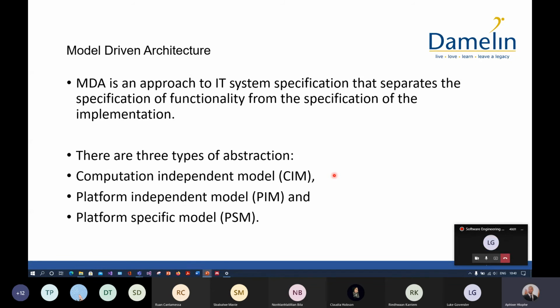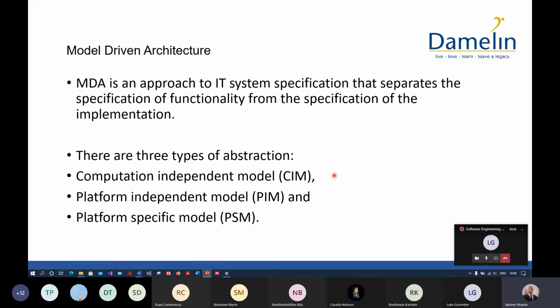The next concept that we're going to talk about is model-driven architecture. So what is model-driven architecture? Model-driven architecture is an approach to IT system specification that separates the specification of the actual functionality from the specification of the implementation, okay?